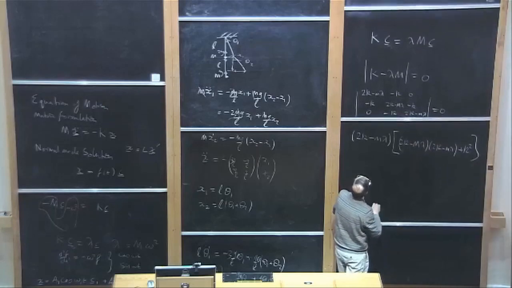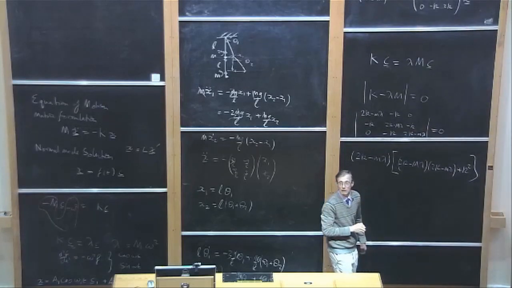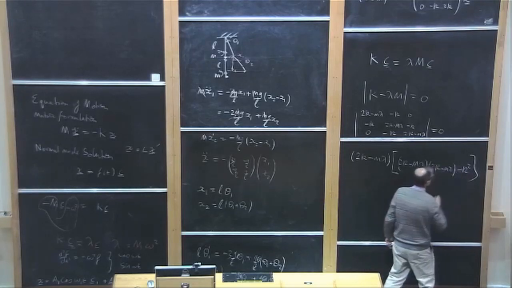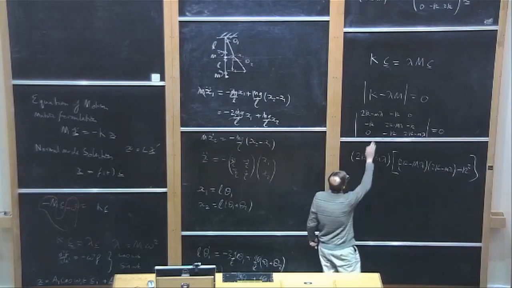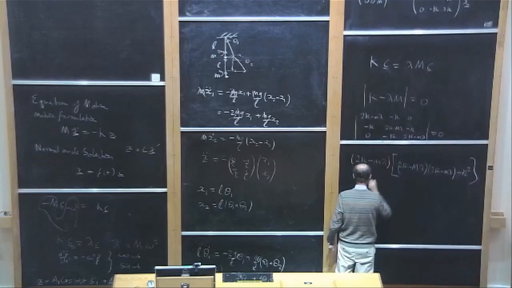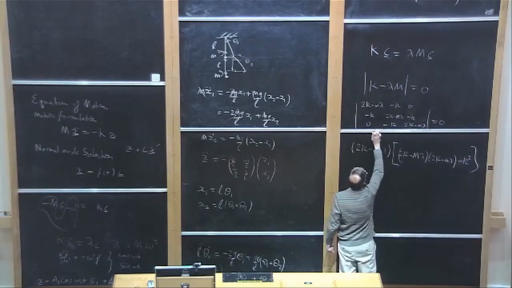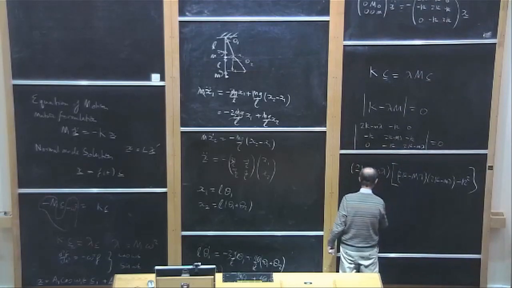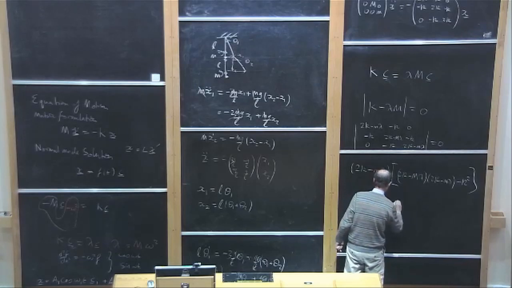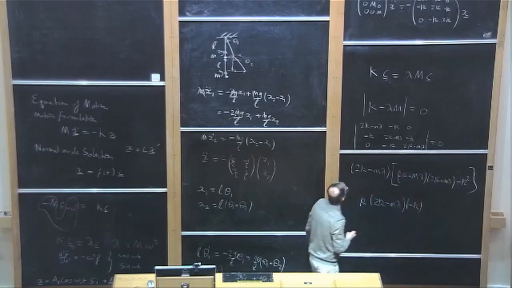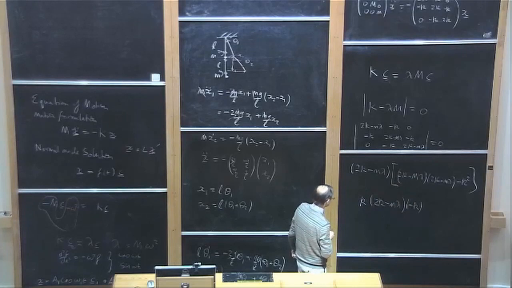And then we'll have minus k, which is plus k, times that determinant, which also has this as a factor, 2k minus m lambda, minus k. Yeah, I think that's right.